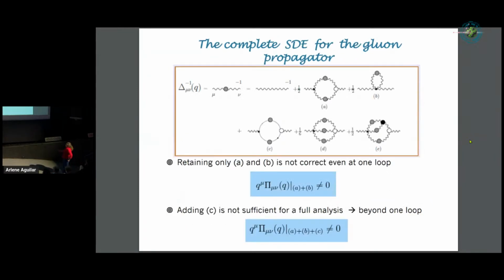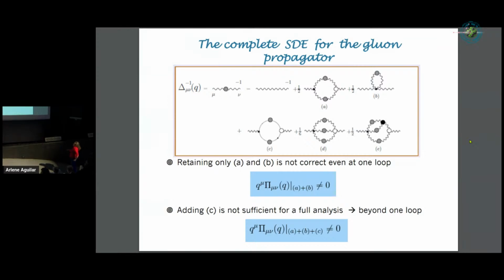But this is not as simple as it appears. Let's start with the Schwinger-Dyson equation for the gluon propagator in the conventional form. Here you have the pictorial representation. The full circles represent all the corrections that you may have in each of the propagators and in each of the vertices.